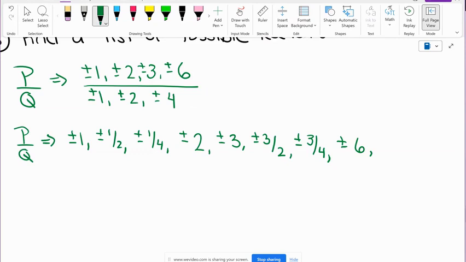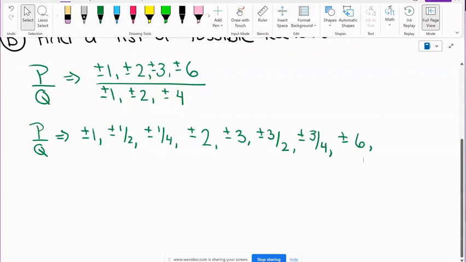Okay, so now what I'm going to do is I'm going to look back at my calculator. So let's write this out. Look at graph.